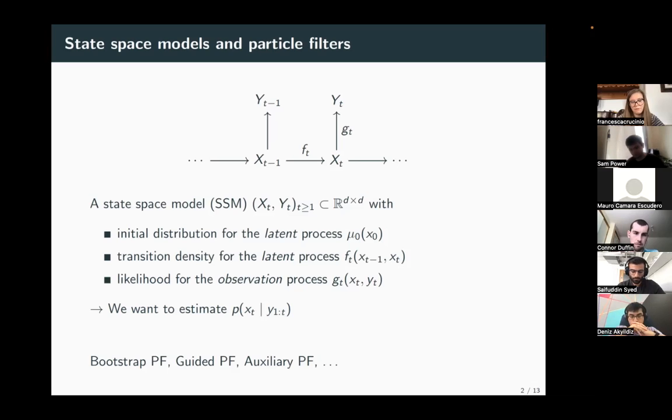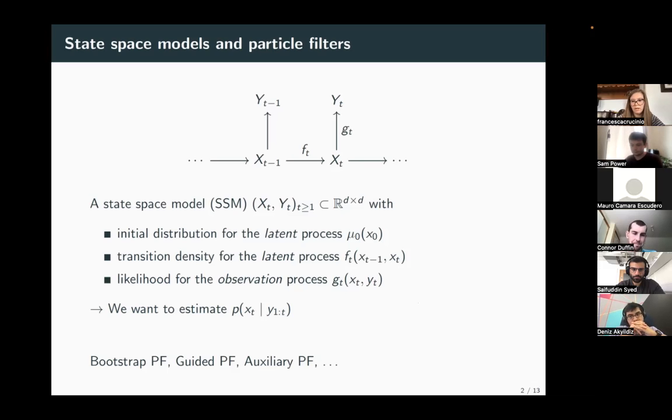And because this is a fairly common and known problem, there are, of course, a lot of algorithms to solve it. I mention over here 3 of them. The bootstrap particle filter, which is the simplest one, and the one we also discussed at the masterclass, is a particle filter in which we start with a population of n particles sampled IID from mu0, and then we just follow the dynamic of the state space model. So we add a new state using the transition density, and we use the likelihood to assign each of our particles a weight.